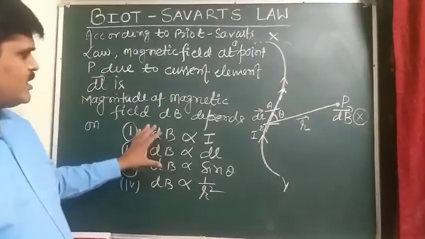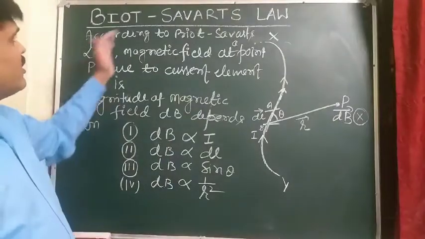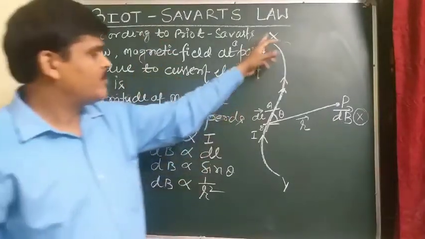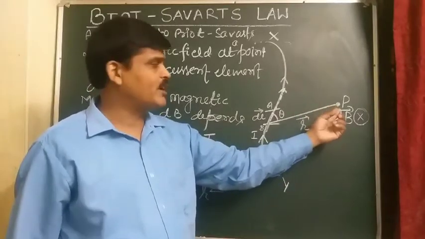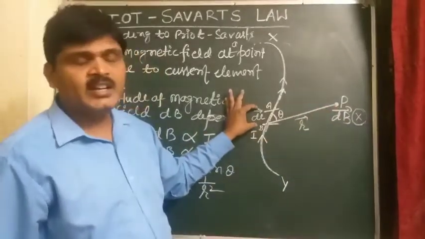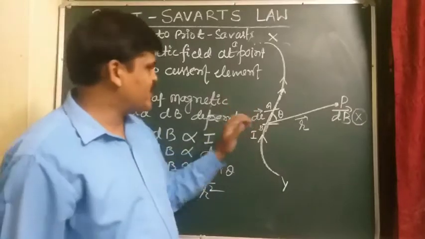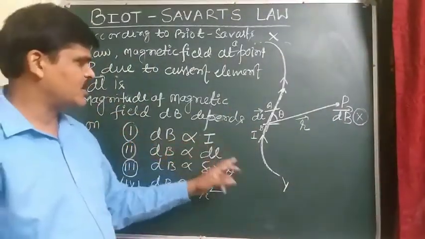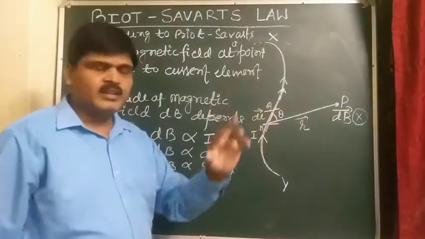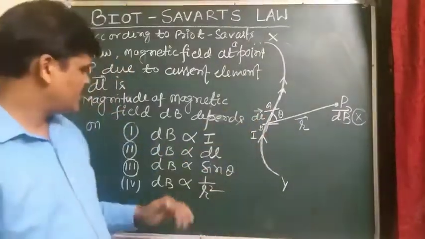So student, in general we can say that according to Biot-Savart's law, the magnetic field at any point P due to a current element depends upon, first, the magnetic field is directly proportional to the current flowing through the current element.